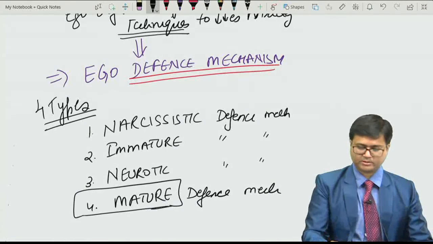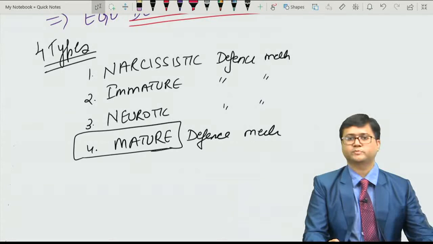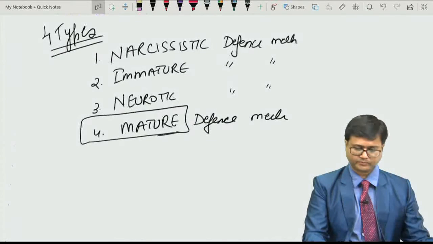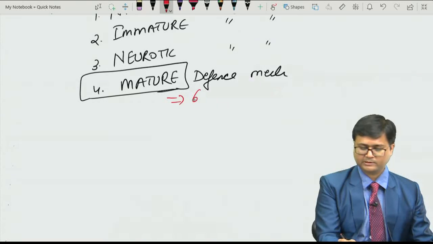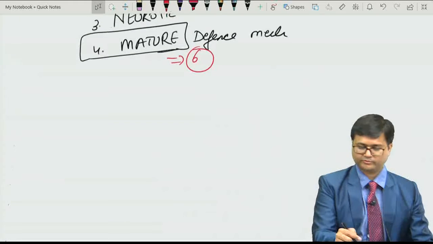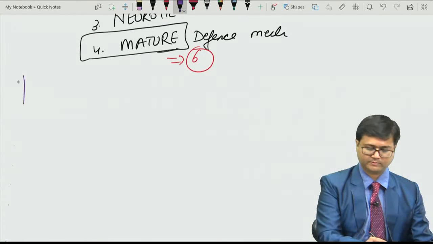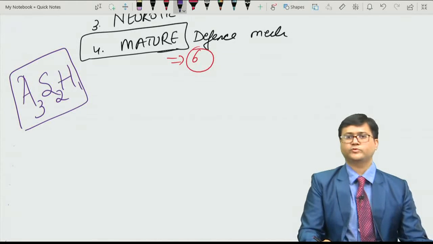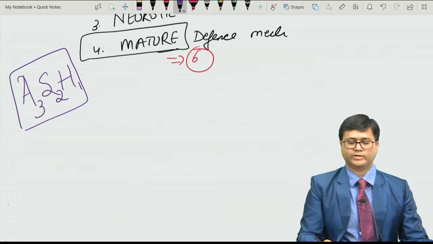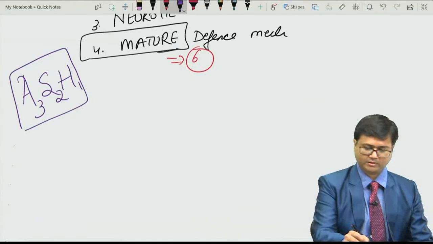Now, let us discuss about the mature defense mechanisms. Now, these are 6 in number, which we can learn with the mnemonic ASH, A3, S2 and H1.